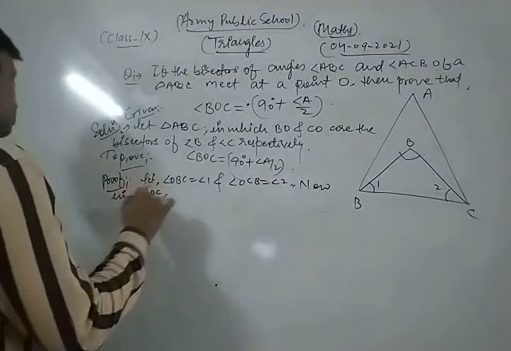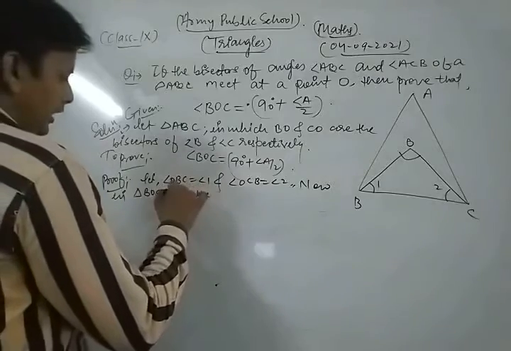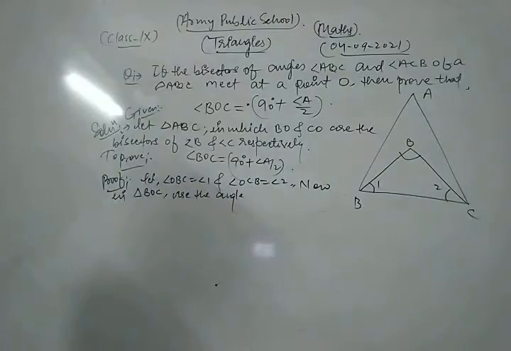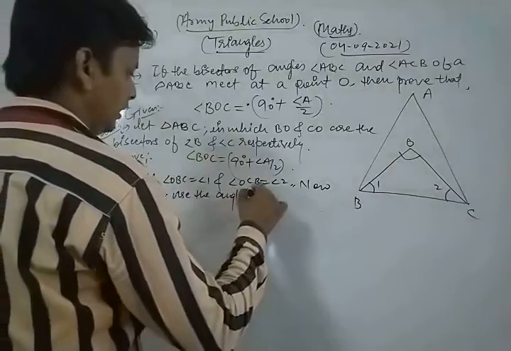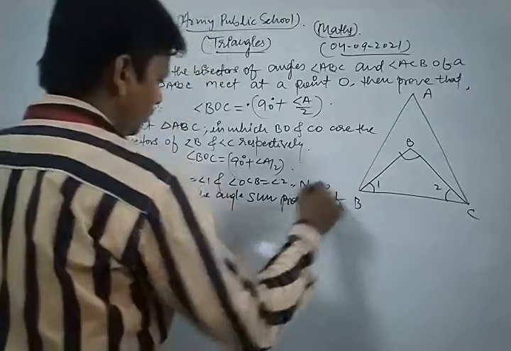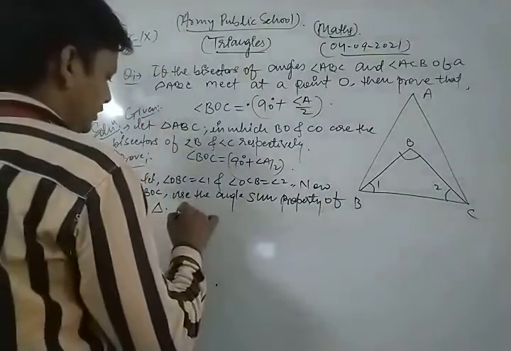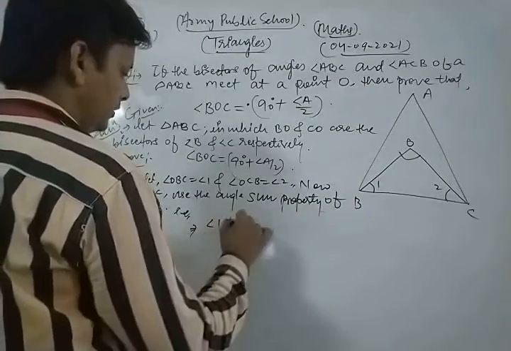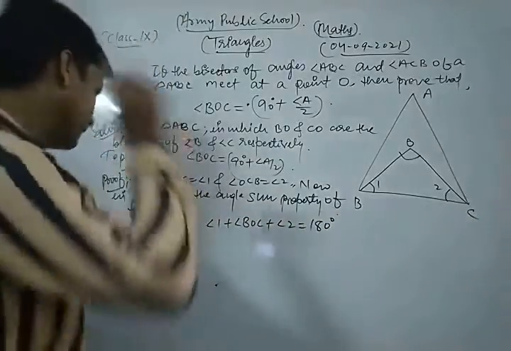Now in triangle BOC, use the angle sum property of the triangle, that is, angle 1 plus angle BOC plus angle 2 is equal to 180 degrees.